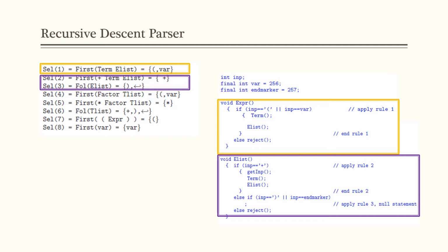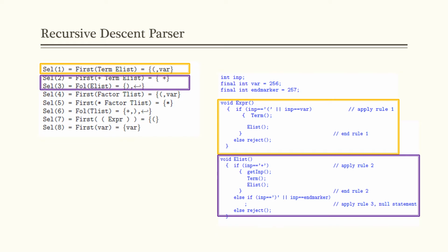You construct code for each non-terminal, based on each of the rules for that non-terminal, and you also use the selection set that you get from step 12 in G16.